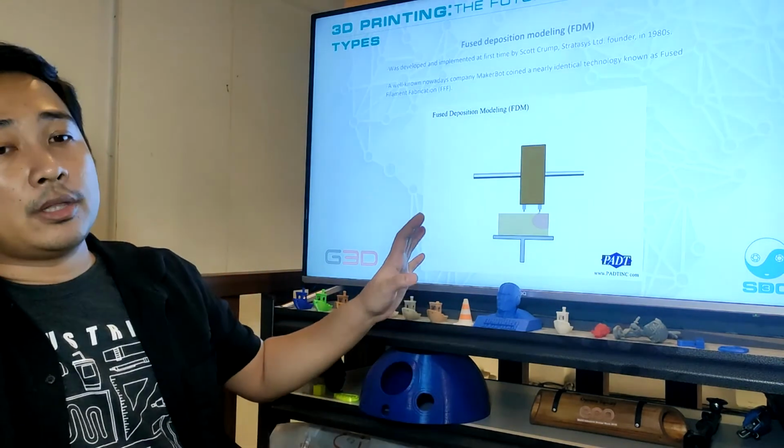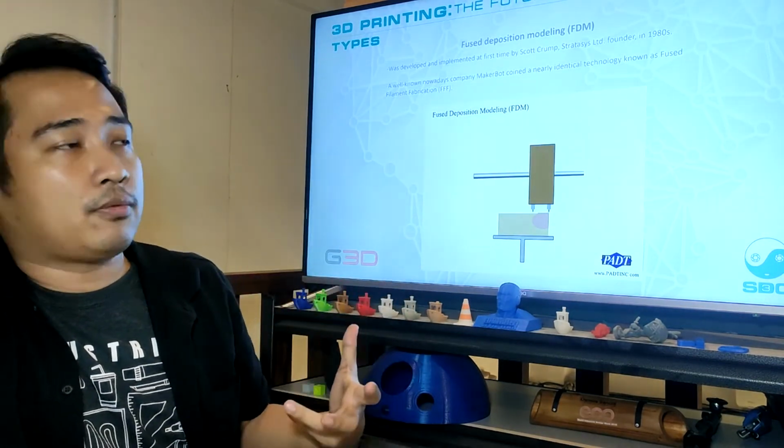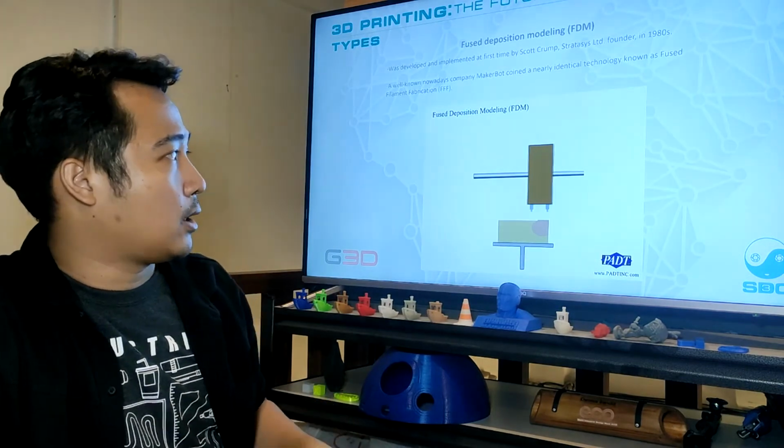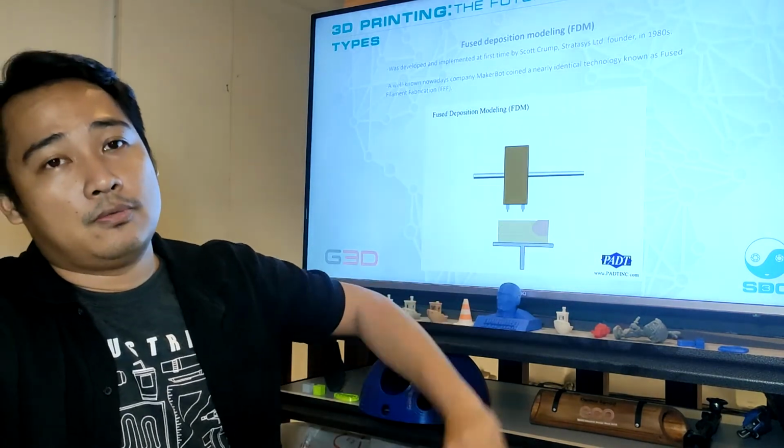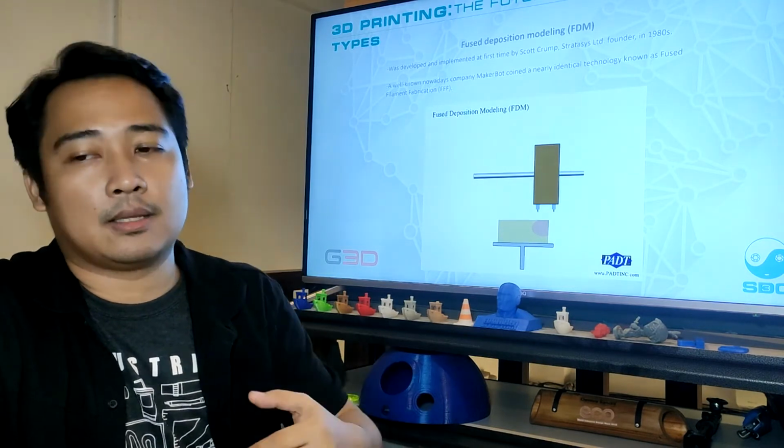So next is the most common 3D printer and the most affordable printer in the market today. It is fused deposition modeling, FDM, because they use filament, of course. It was developed and implemented for the first time by Scott Crump, Stratasys Limited founder, in the 1980s.